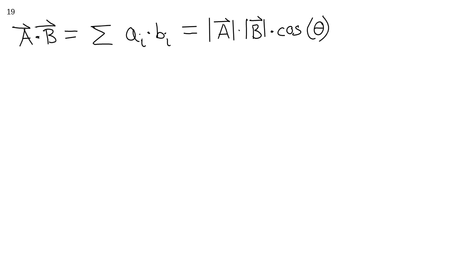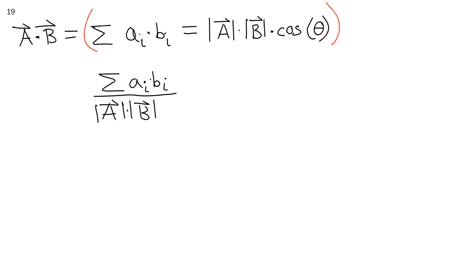If you remember the problem statement, they want the angle. So if you want the angle, you could say that the sum of the multiplied components divided by length times length equals cosine of theta.